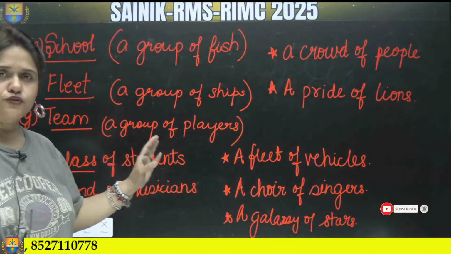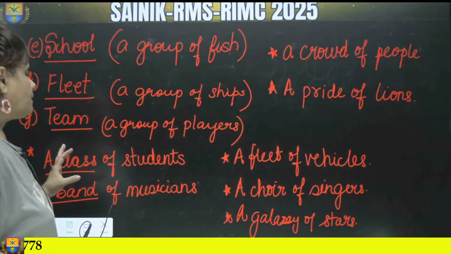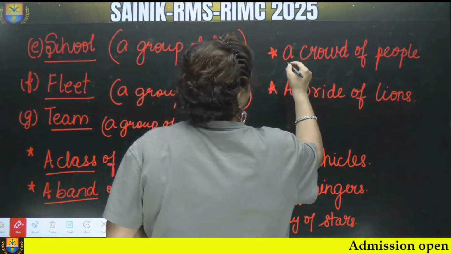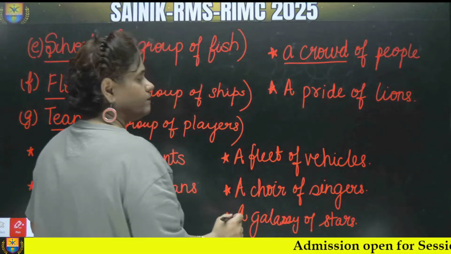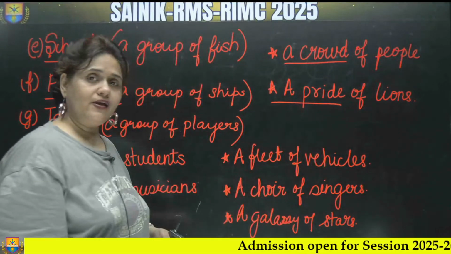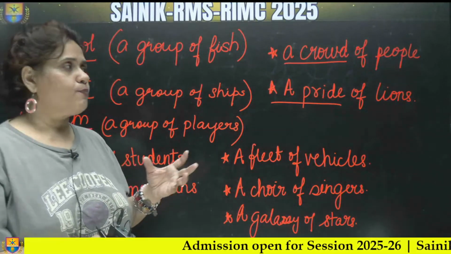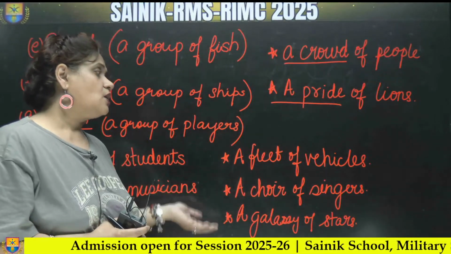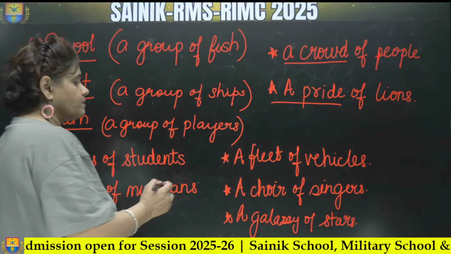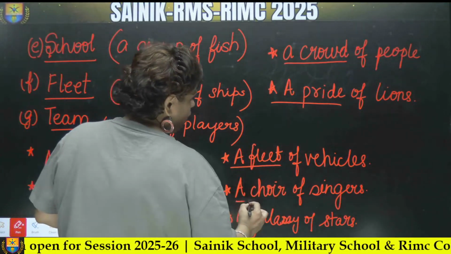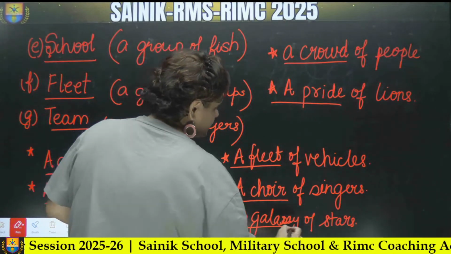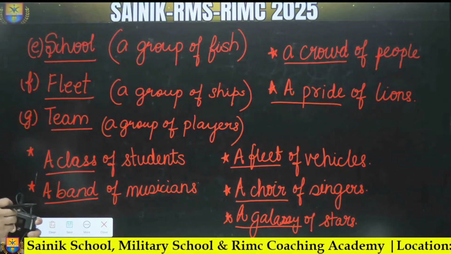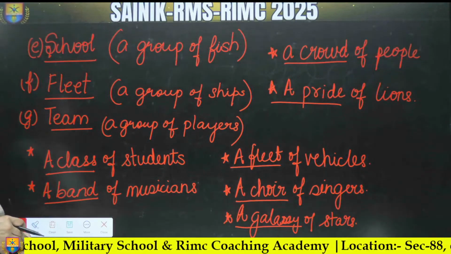A class of students. A band of musicians. So we are underlining the collective noun. A crowd of people. A pride of lions. These are your group words. When you see them in a group, we name them like this. A fleet of vehicles, a choir of singers, a galaxy of stars. So take a minute, read them, and we'll come back.